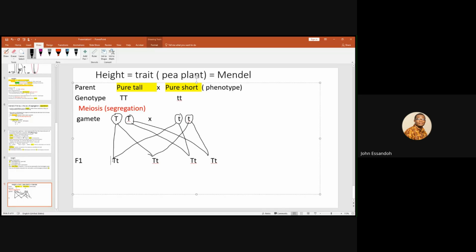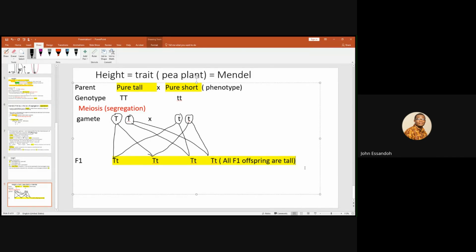And look at that. You can see that in the first filial generation, all the F1 offspring are tall. But we modern-day people know that this tall is not pure tall.